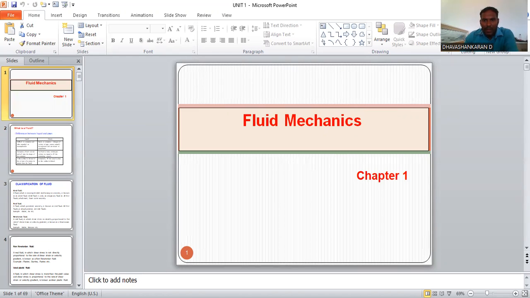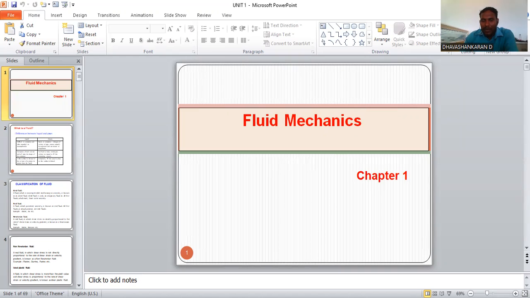In between, we have the transitional flow, which is when the flow is converted from laminar to turbulent. In laminar flow we can see layer by layer that there are no changes in velocity, but in transitional flow there may be some changes in velocity.